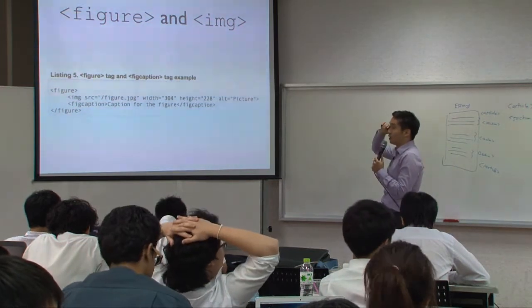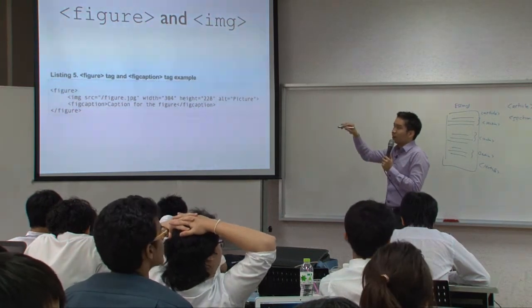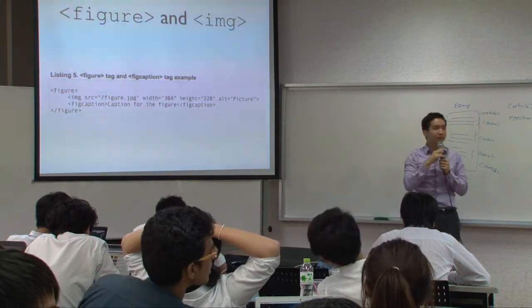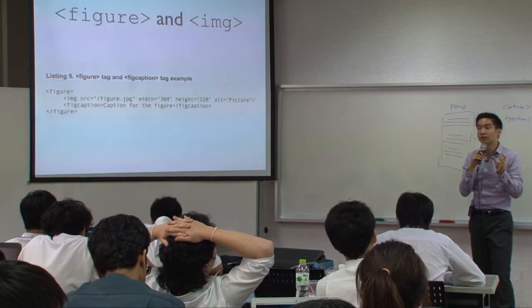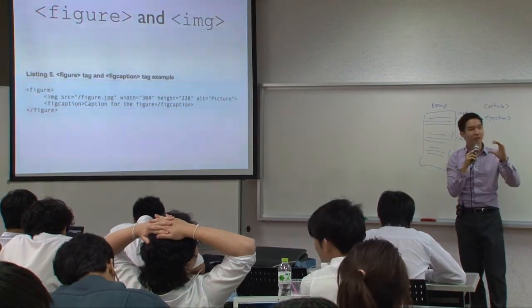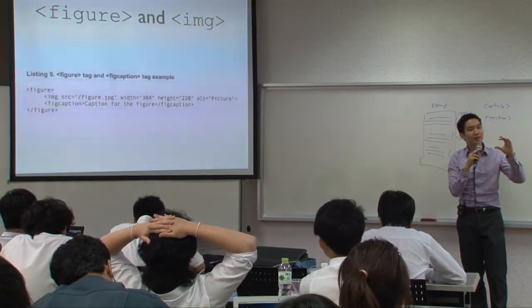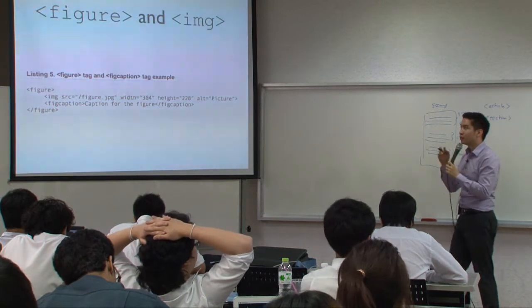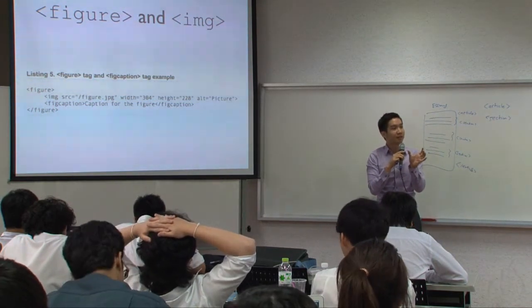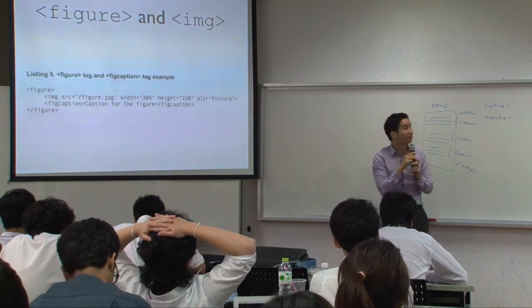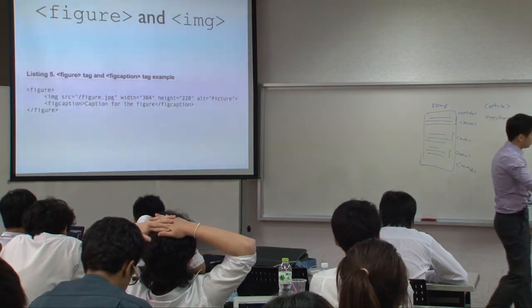The next thing is figure and figcaption. You use the figure tag to denote that, hey, we have a figure here, we have an image, right? And then you can use the figcaption to put a caption right underneath your image if you wanted to.